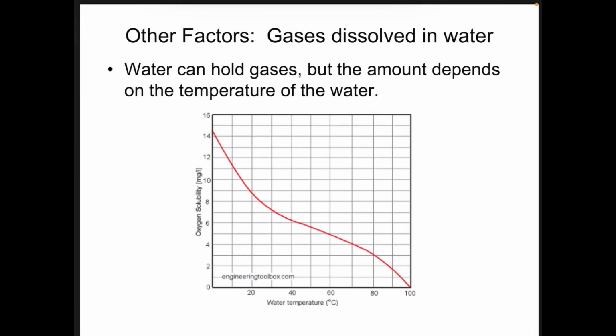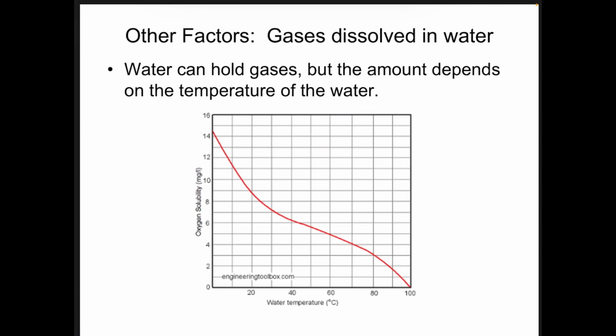So what are other factors? We have the gases dissolved in water. Water can hold gases, but the amount depends on the temperature of the water. As you can see here, oxygen solubility drops as the temperature of the water increases. Alright, I've mentioned before thermal pollution. If the water is very high in temperature, that could cause the oxygen solubility to drop as well.